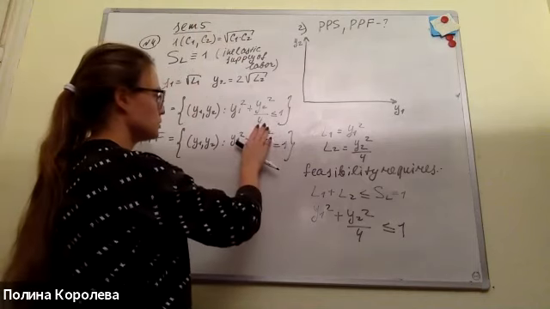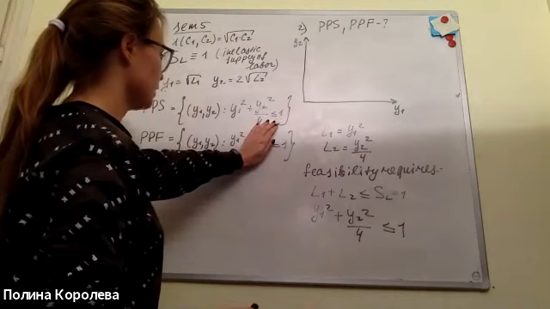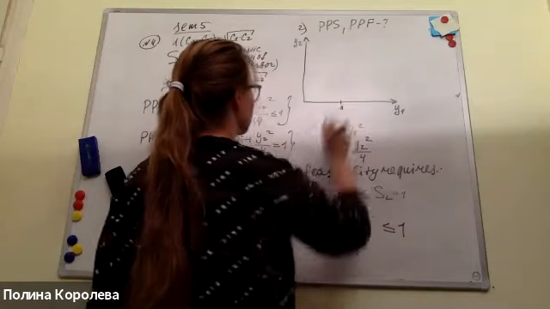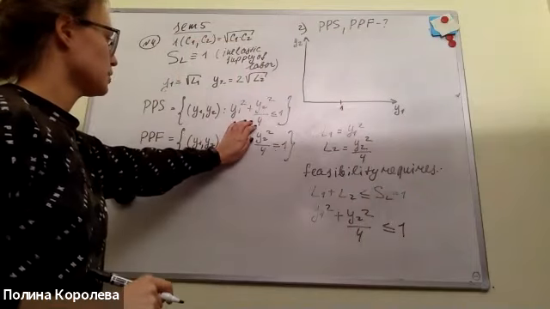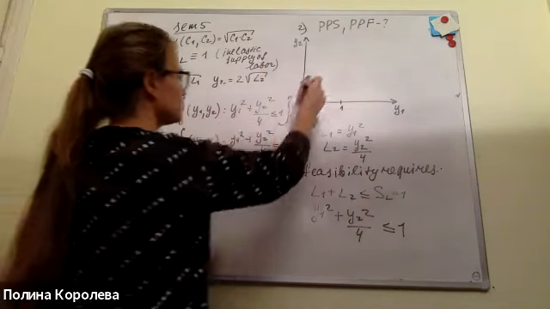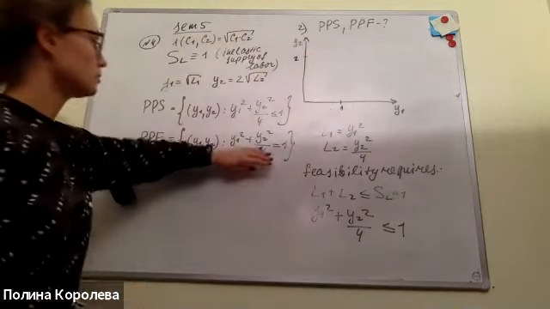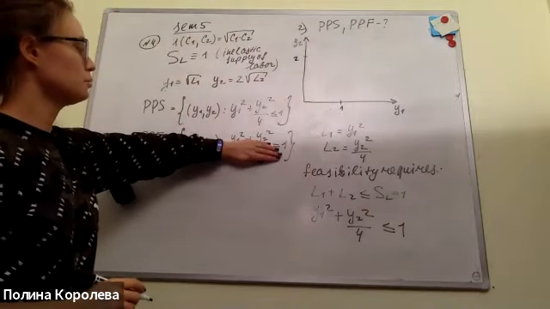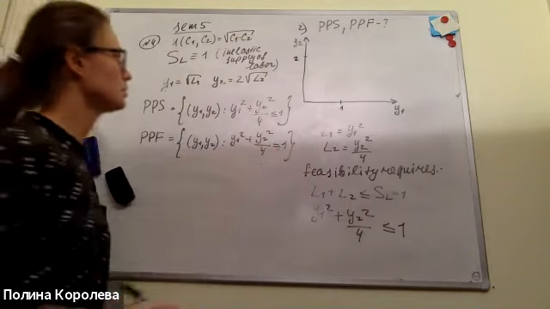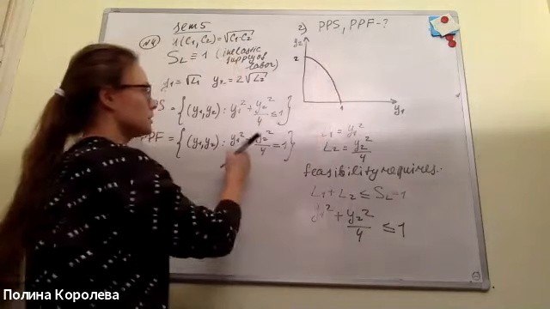If y2 is equal to 0, y1 maximal is equal to 1. The maximum amount of y1 we can produce is 1. The maximum amount of y2 equals what? 2, yes? If there were no 4, the graph would be a circle, yes? But this is an ellipse with center in 0, 0.